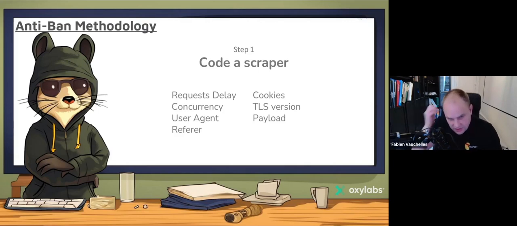So imagine that you already have a scraper. You perhaps use Scrapy, the famous Python framework for web scraping. So we can use this possible methodology, which is a generic methodology. So if it's not working, perhaps it's time to tune the parameters.